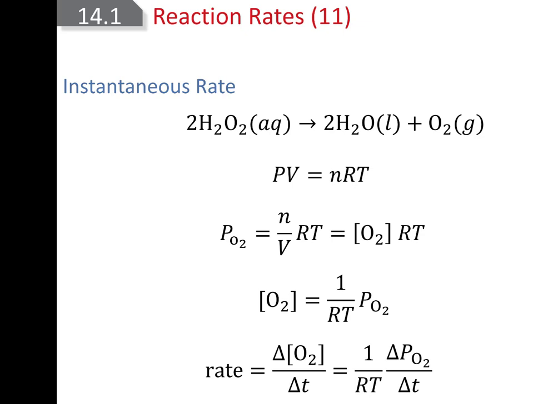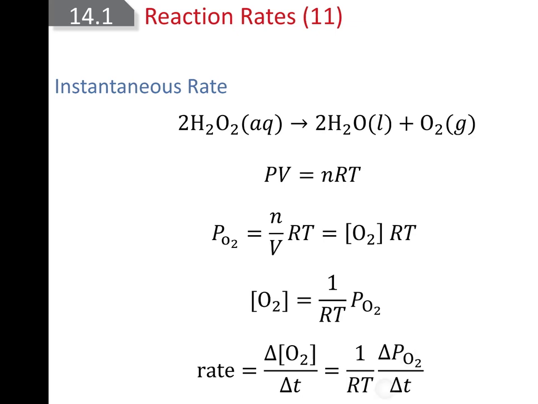So if I take the ideal gas law and I substitute it in for concentration, molarity, again, molarity is moles per liter, I end up with this idea that the concentration of oxygen is equal to the pressure of oxygen times a factor of 1 over RT. So I can write the rate still as being equal to the change in oxygen over change in time, but as pressure as long as I have this factor of 1 over RT in front.